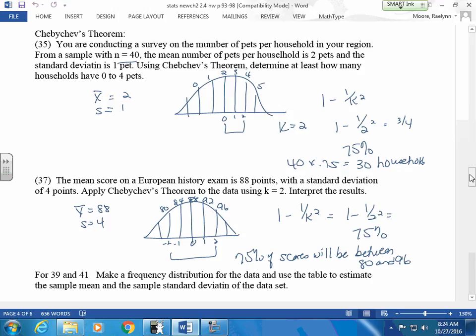From a sample n equals 40, the mean number of pets is 2, the mean goes in the middle, and the standard deviation is 1. So I set up my chart as if it were normal. Add 1, add 1, add 1, subtract 1, as far as I can go with 0. I can't have negative pets, right? Now I want to determine, using Chebyshev's theorem, since this is not a normal curve, between 0 and 4. 0 is at what standard deviation?